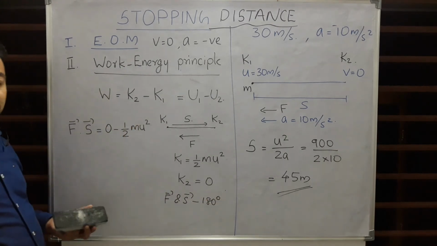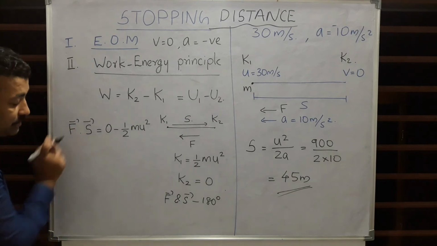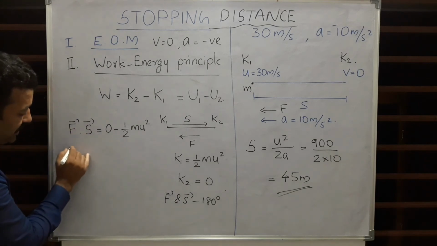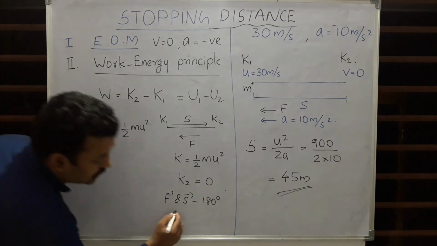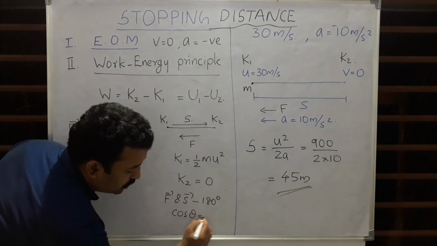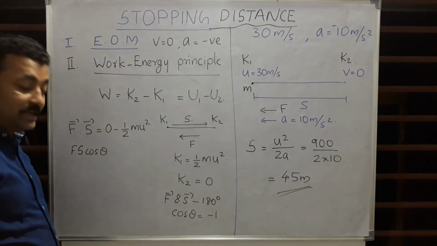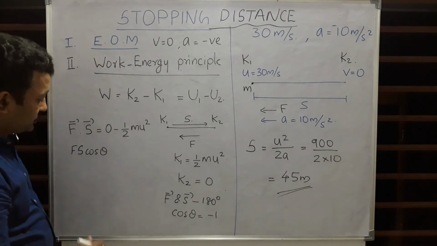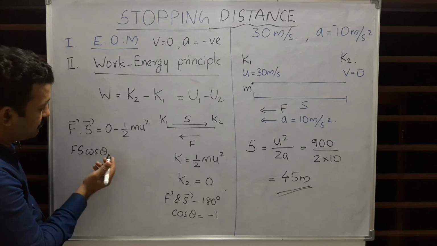F dot S can be written as Fs cos theta. And this cos theta in this case is equal to minus 1. Cos theta is minus 1 when the theta is equal to 180 degree. So F dot S, or Fs cos theta, becomes minus Fs.